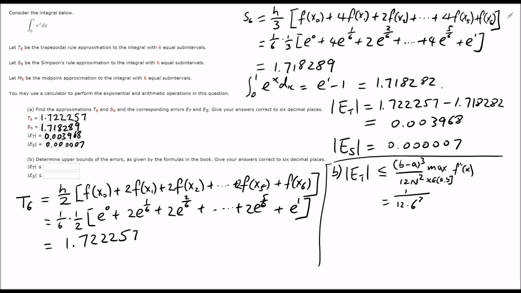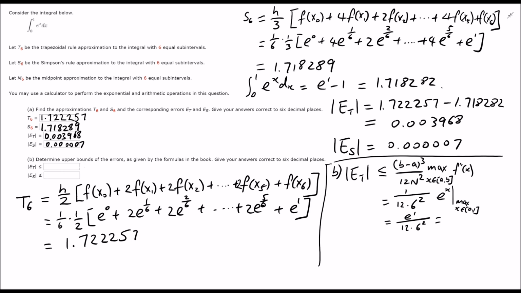Our integration width is 1, so b minus a is 1, and the number of bins is 6. The second derivative of e to the x is still e to the x, so we want to find the maximum of e to the x over 0 and 1. e to the x is an increasing function, so the maximum value happens at e to the 1.